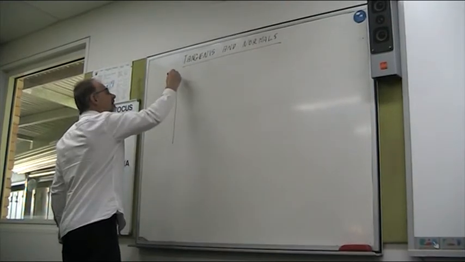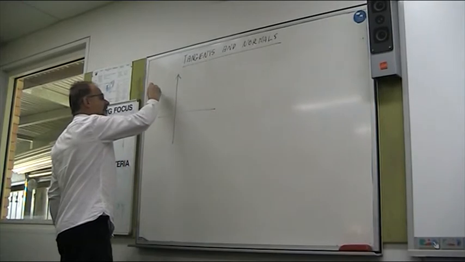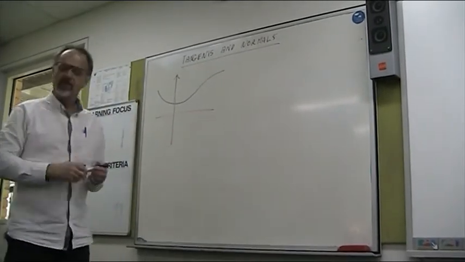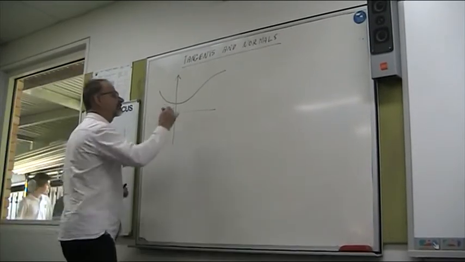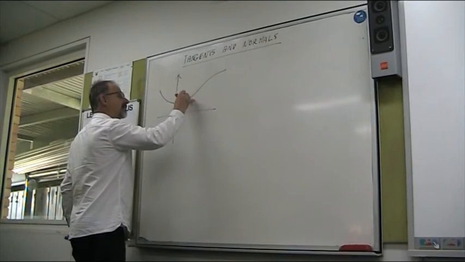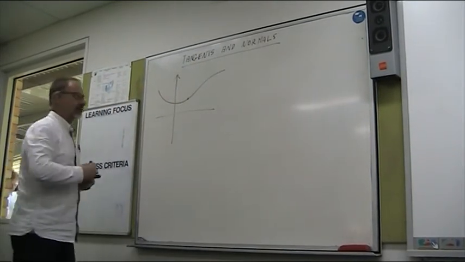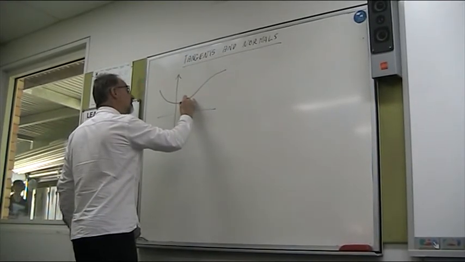Alright, so if we have a curve like that, and I've got some point, say this point there, then I can draw two lines, and well, I can draw lots of lines, but two in particular.